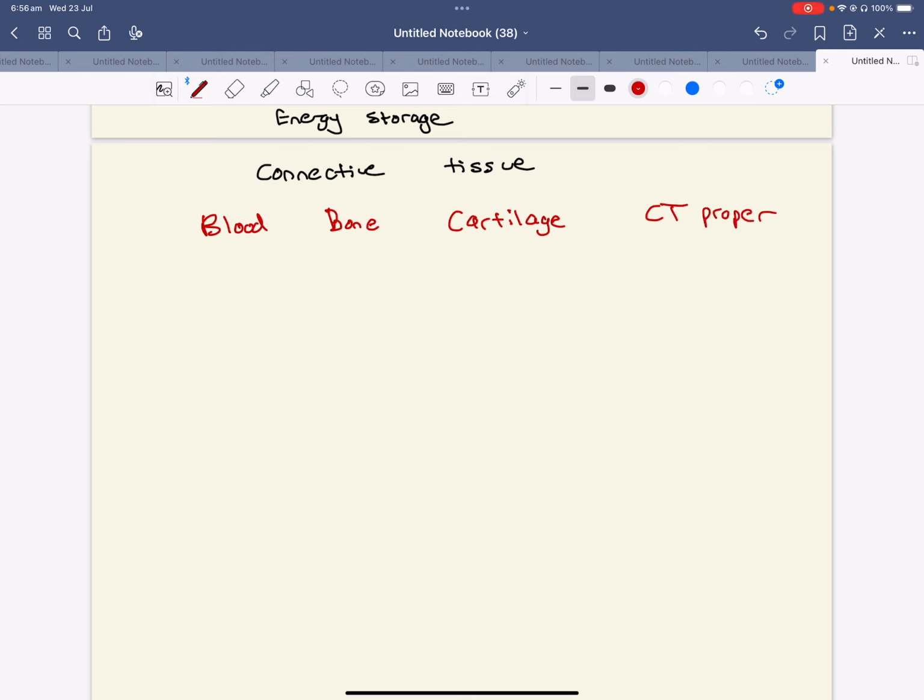Okay. The one we need to know today is connective tissue proper, and that's the one we're going to go through today. And connective tissue proper is broken down into 4 more categories. Okay. First one being loose connective, like we spoke about before.